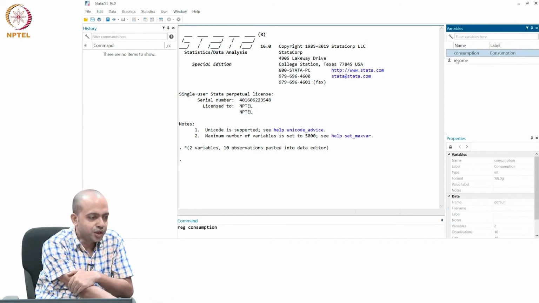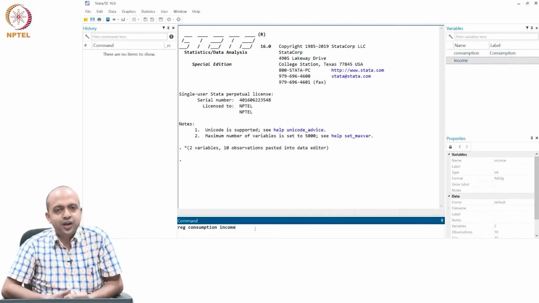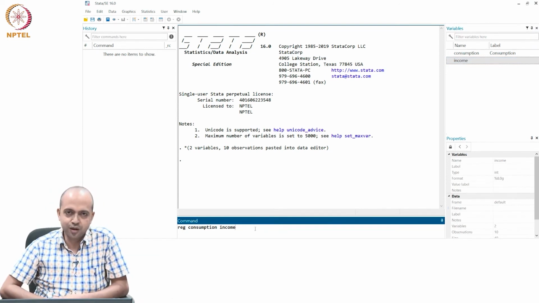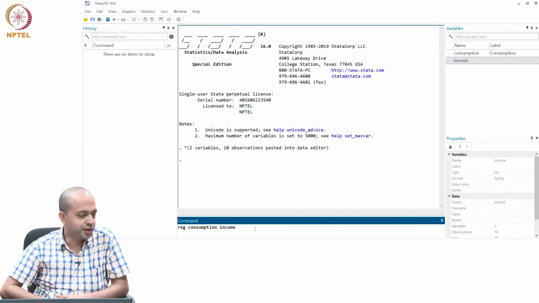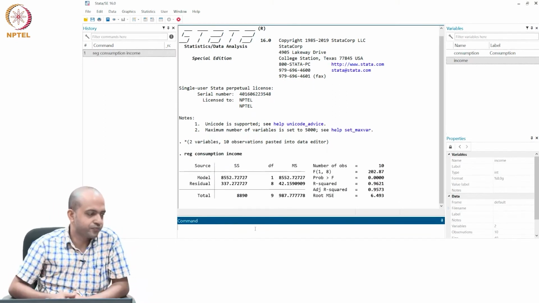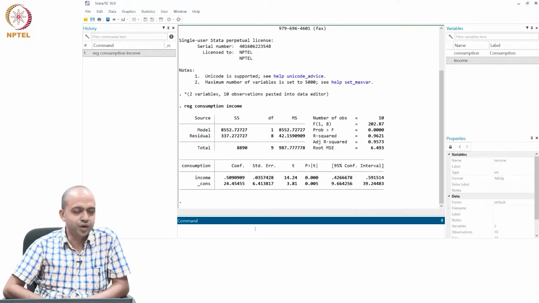Then your independent variable. So, this is how I have given a command for estimating the model: the reg command, then my dependent variable, and then my independent variable. Now if you press enter, then Stata will immediately estimate the model and give you the result.